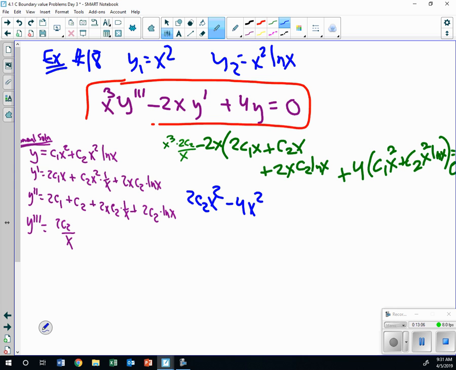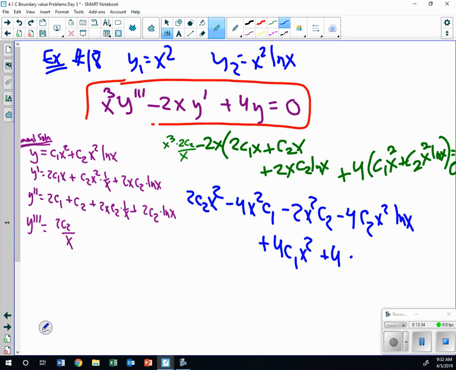Help me out if I'm making a mistake. c1 minus 2x squared c2 minus 4, right? 4 c2 x squared ln x plus 4c1 x squared plus 4c2 x squared ln x.